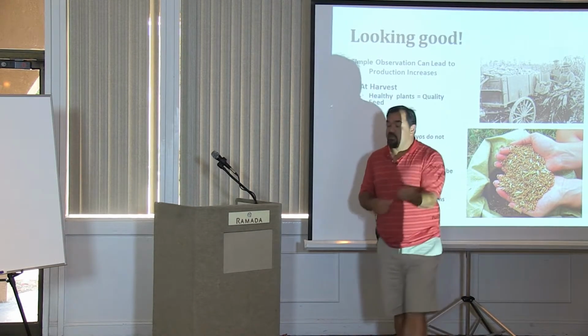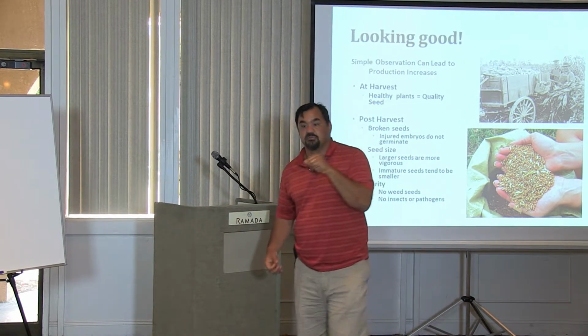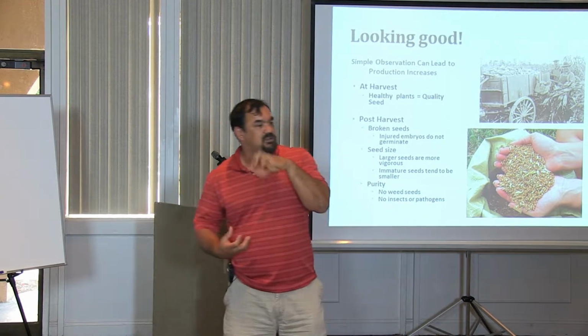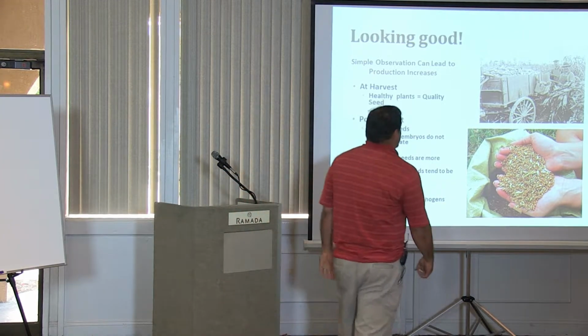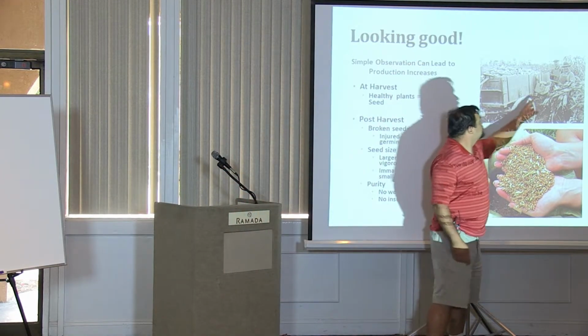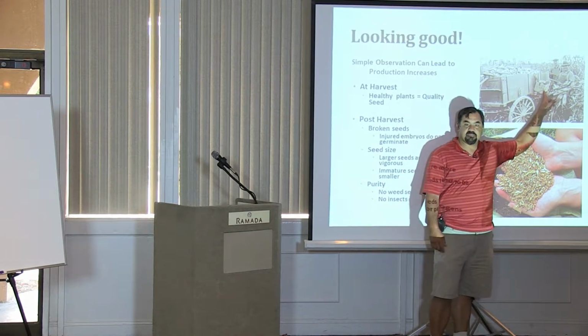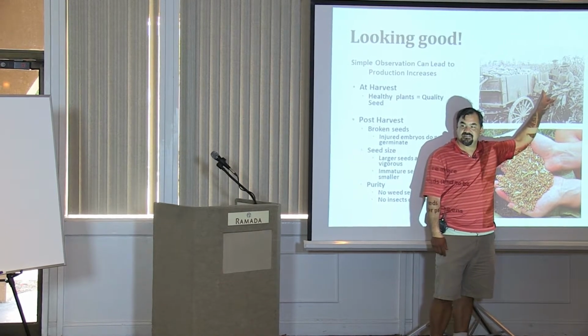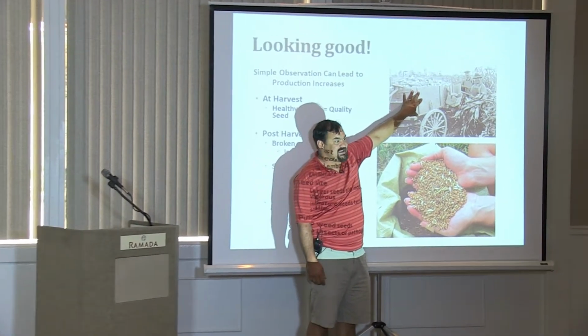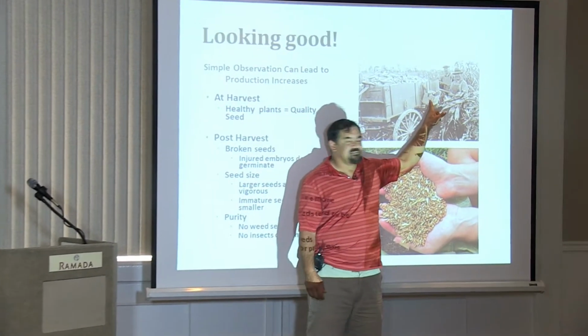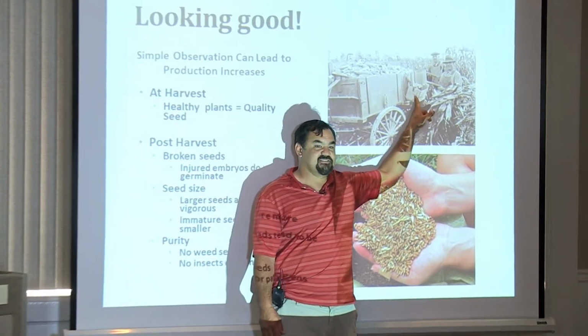However, if you came across an ear that was larger, the kernels were bigger, instead of throwing it into the wagon, you would take that ear and you'd put it into this box. This wagon was to eat. This box was to plant.